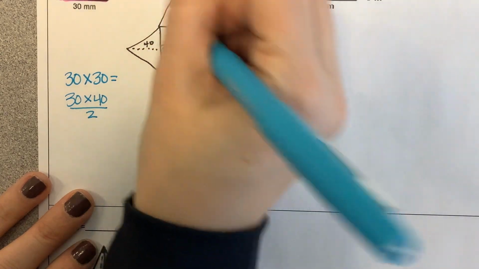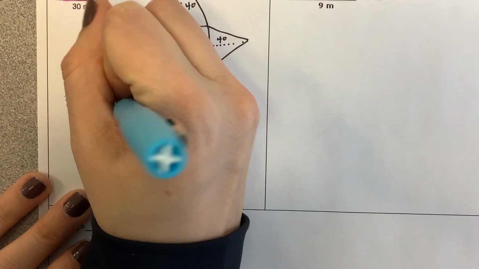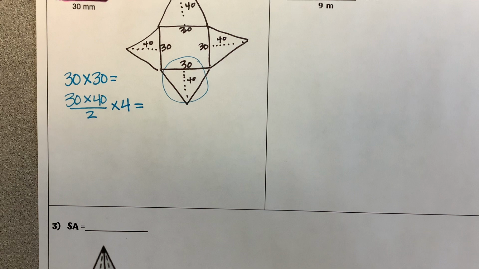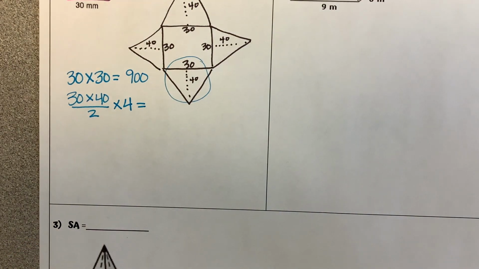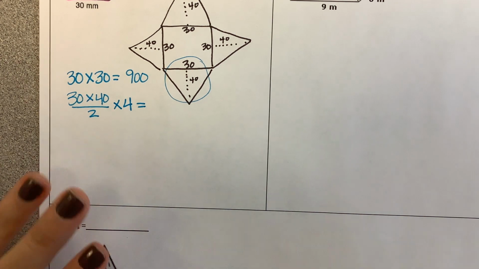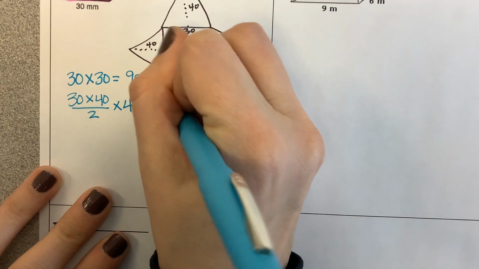But we have 1, 2, 3, 4 of them, so I'm multiplying that by 4. So 30 times 30 is just 900. And if I do 30 times 40 divided by 2 multiplied by 4, we get 2,400.